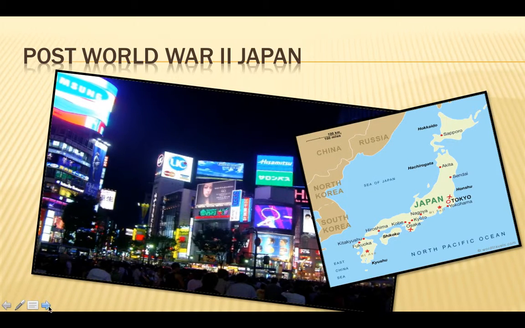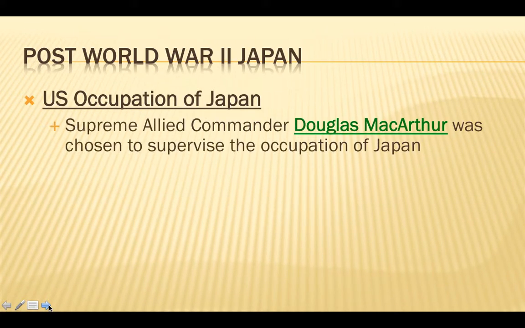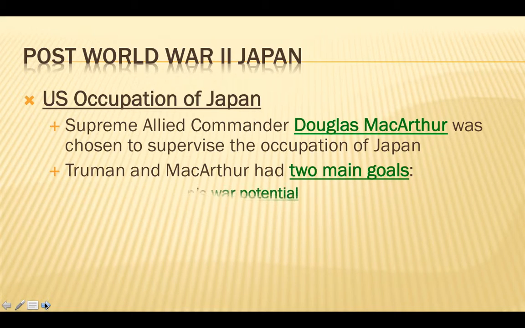So what's happened to Japan since World War II? Well, they've had an economic boom. They are one of the fastest growing economies in the world. The U.S. occupied them for a long time, which means that we were in Japan for almost 20, 30 years, overseeing everything they do. They have two main goals.